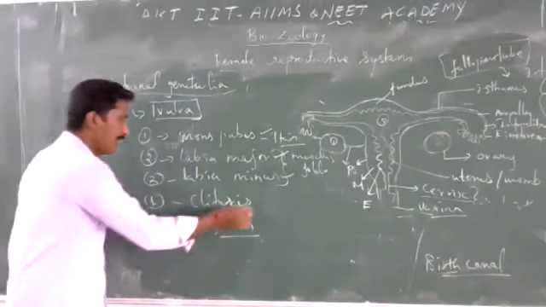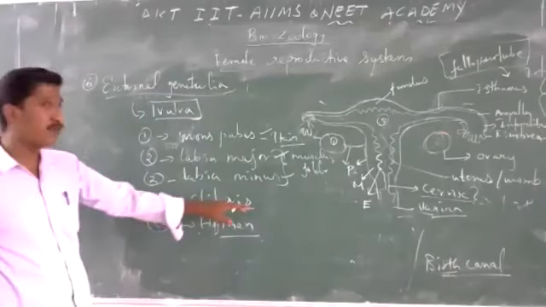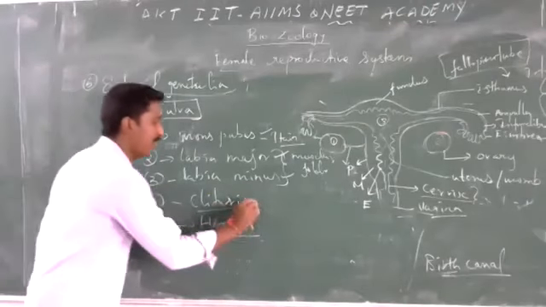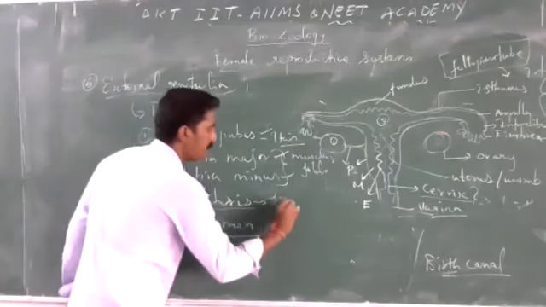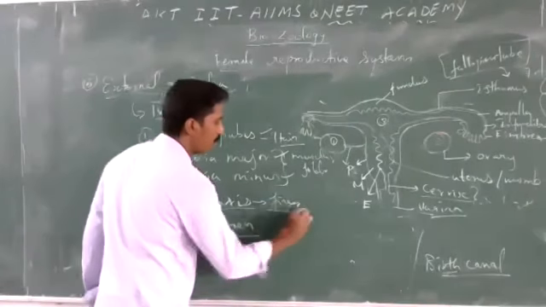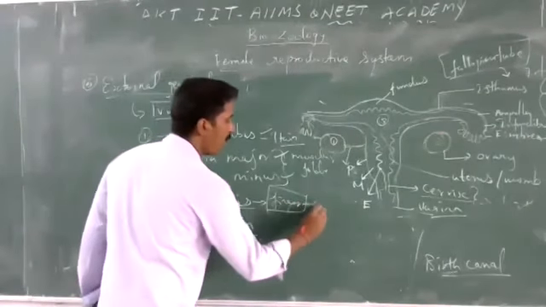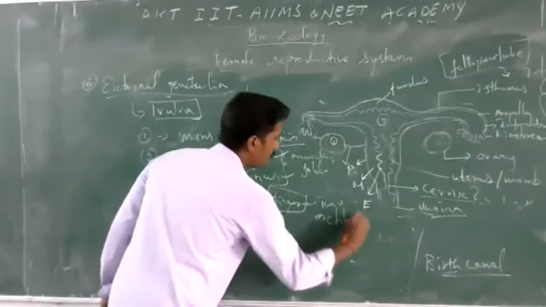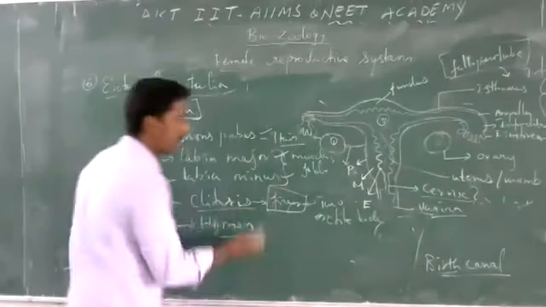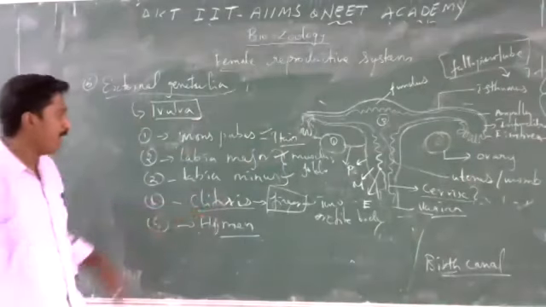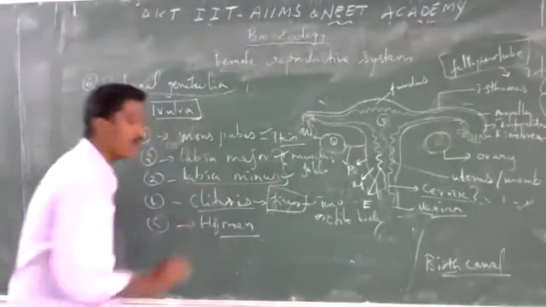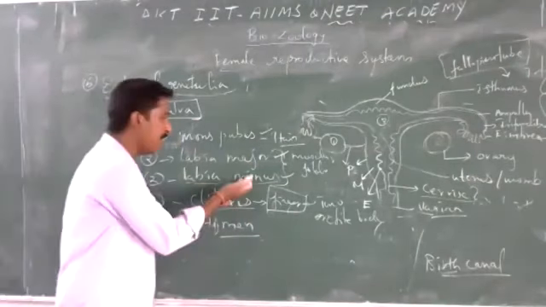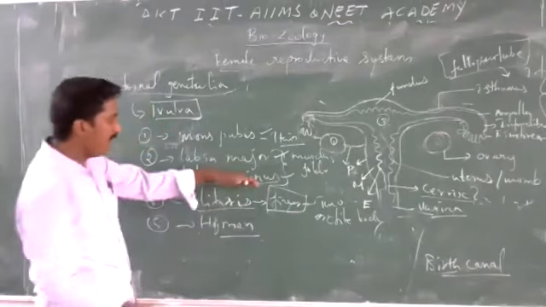Then the clitoris. The clitoris is a finger-like projection formed of two erectile bodies. It is present just behind the junction of the labia minora, in the anterior region.